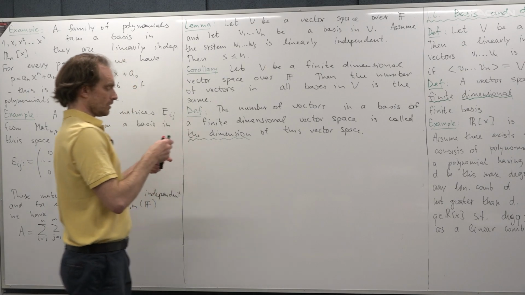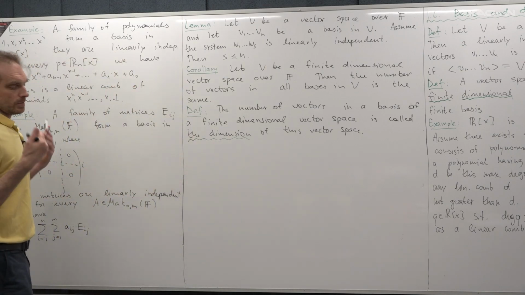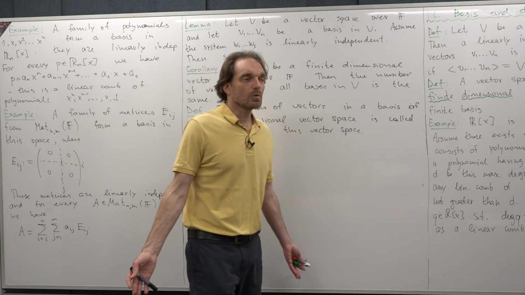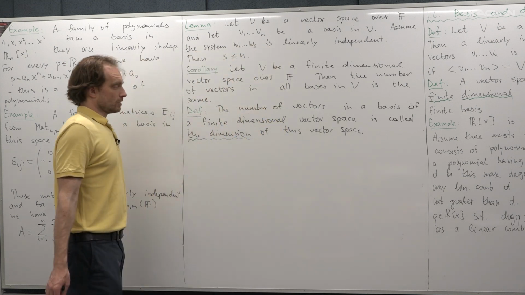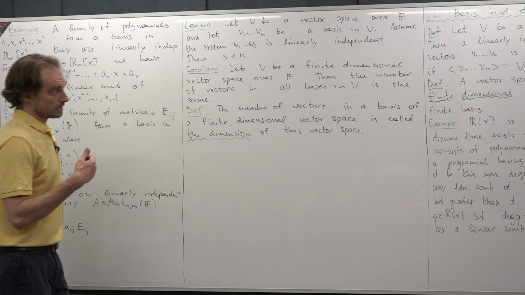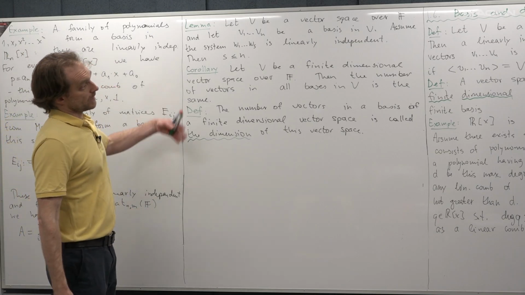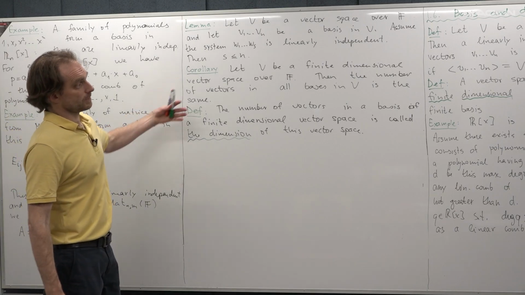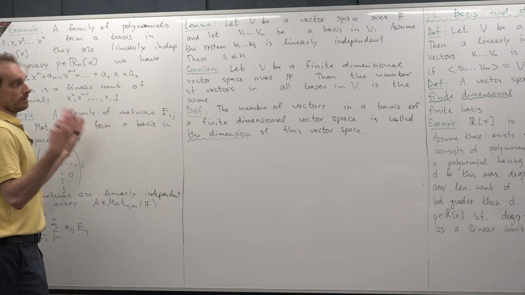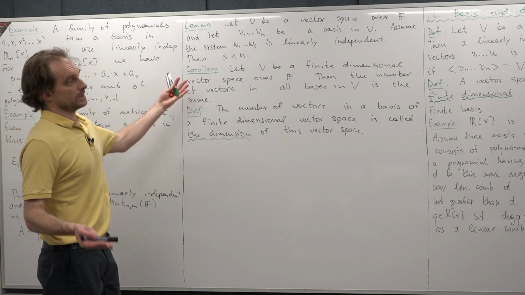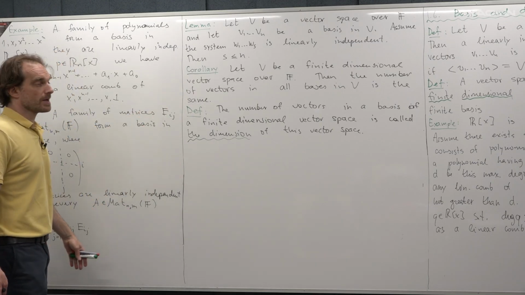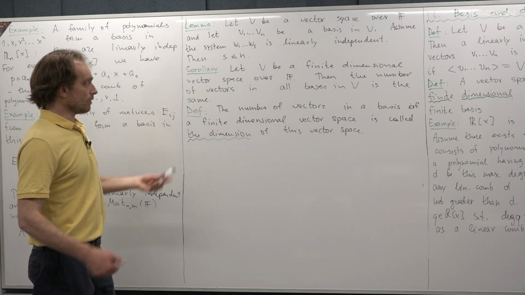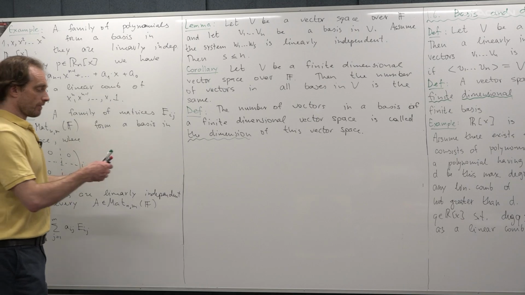So this notion is also not new, because when we discussed subspaces in the coordinate space Rn, we introduced the notion of the dimension of a vector subspace. But here we consider the more general situation, and if our vector space is finite dimensional, then there exists a finite basis, and it follows from this lemma that the number of vectors in every basis in this space is the same, and that's why we can call this number the dimension of a vector space.